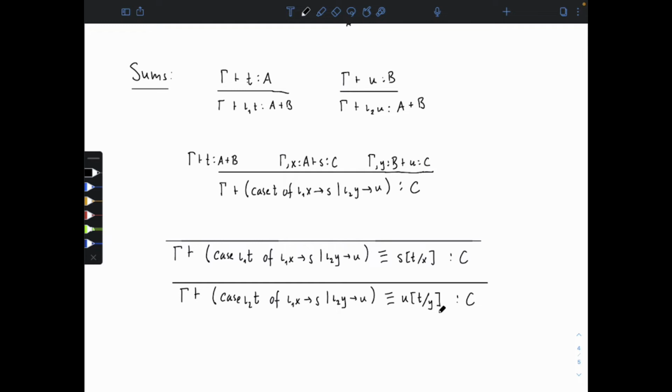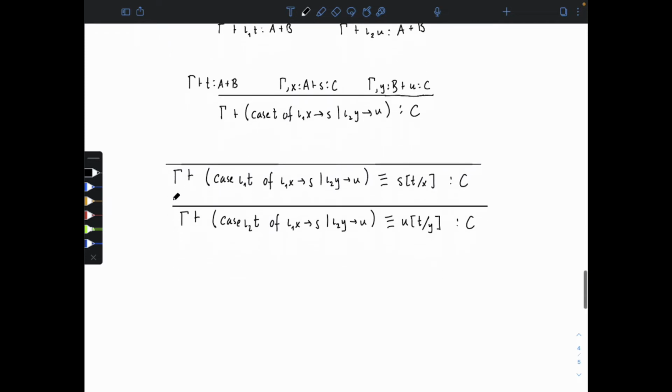The eta rule has to say, if you have an element of a plus b, and you take it apart and put it back together, then you're going to get the same thing. Okay, let's try to do that. If I have an element t, how do I take it apart? t comes from a plus b. Well, there are two cases to consider. If this t is of the form iota 1 of x, well, that's how I took it apart.